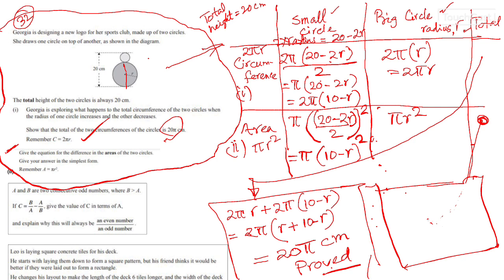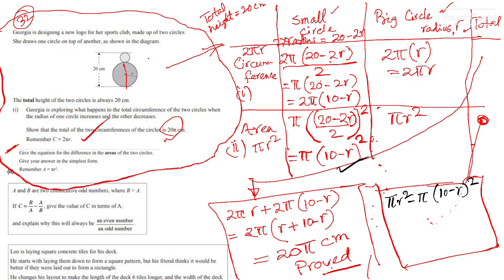Right, so now I'm going to subtract, that's what they asked us to do, pi r squared from pi r squared, I've got to subtract the small circle's area, which is pi times 10 minus r whole squared. I got it from there, right?